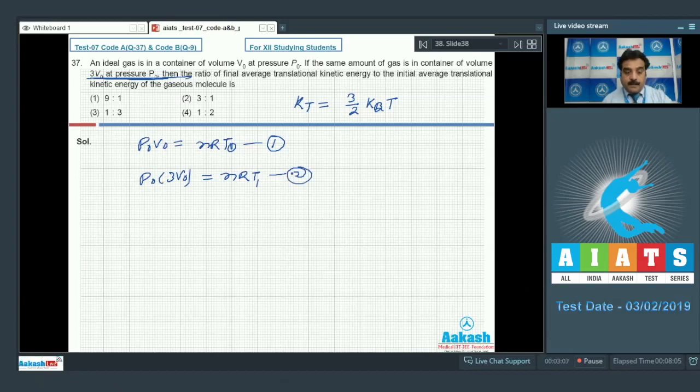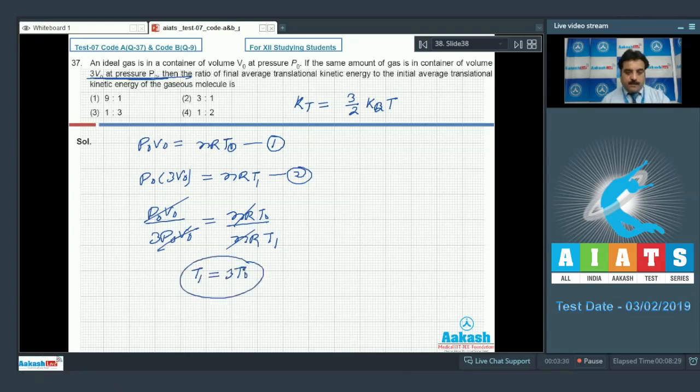If I divide equation 1 by 2, P0 V0 over 3 times P0 V0 equals nR T0 over nR T1. nR will cancel out, P0 V0 will cancel. On solving, T1 is equal to 3 times T0.